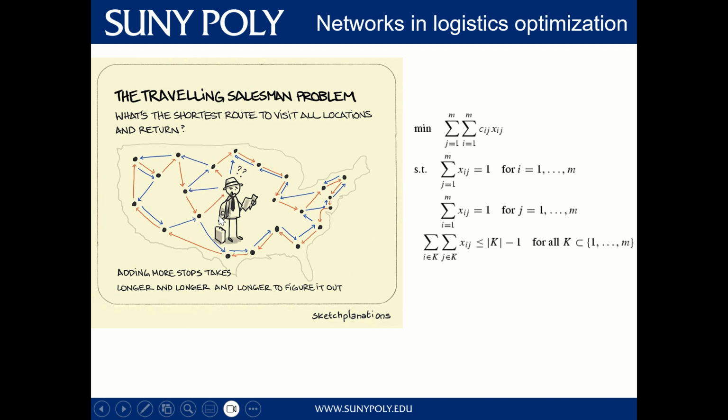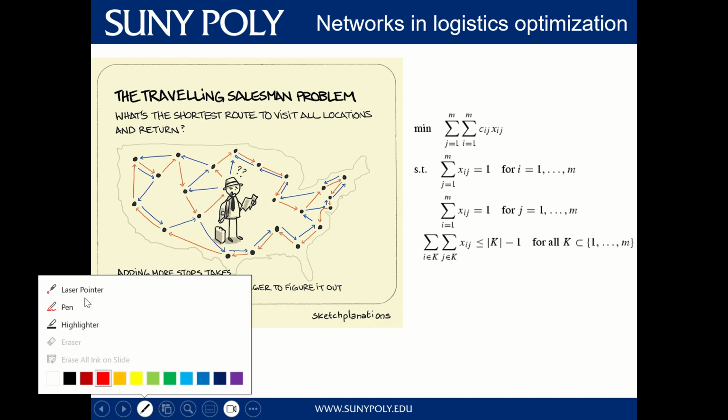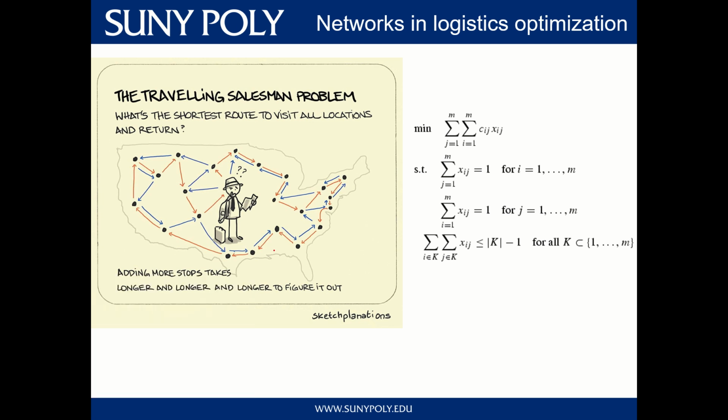This is the most basic example, a very basic and well-known problem in optimization, called the traveling salesman problem, TSP. In the TSP, there is a salesman who is required to visit multiple customers.